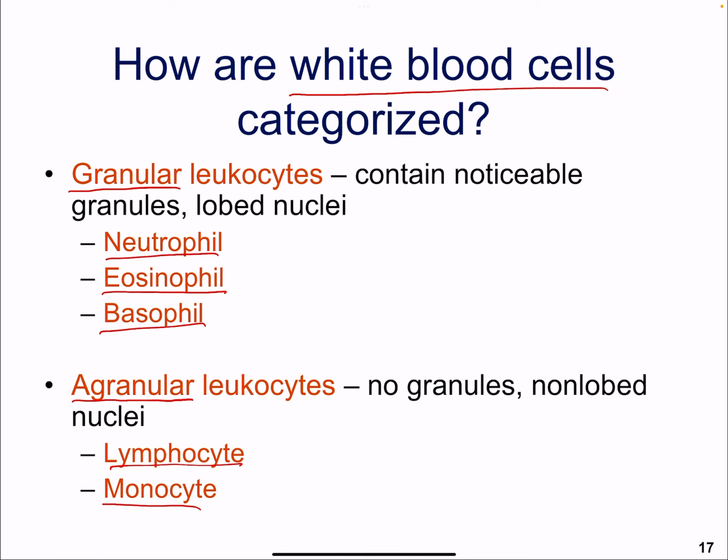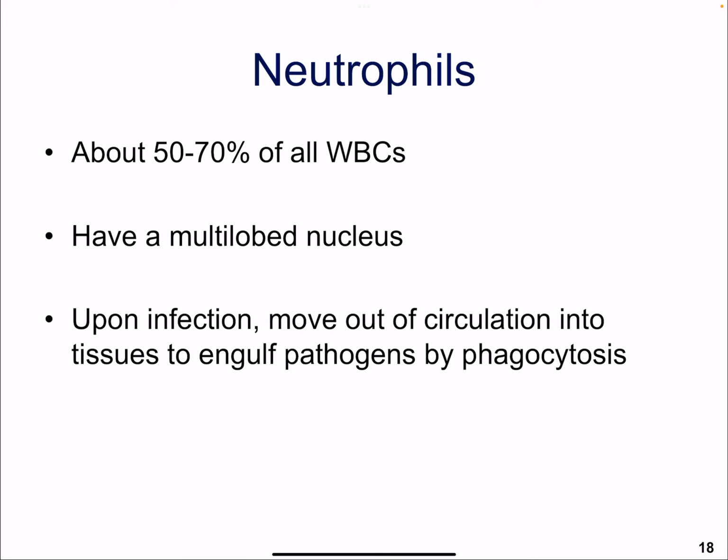All right, so at this point, we're going to go one by one and see if there are some aspects of each white blood cell that I missed. And then we're going to tackle the defects in white blood cells. All right, the neutrophils. The neutrophils are by far the most abundant white blood cell that you are going to find in the body.